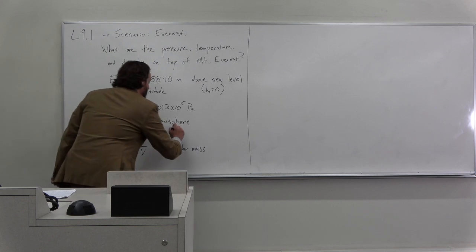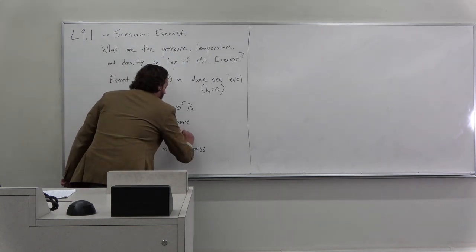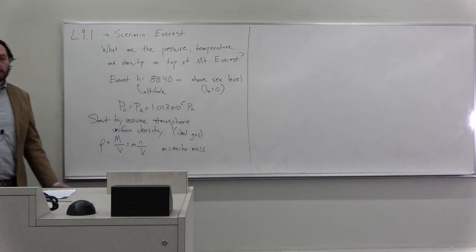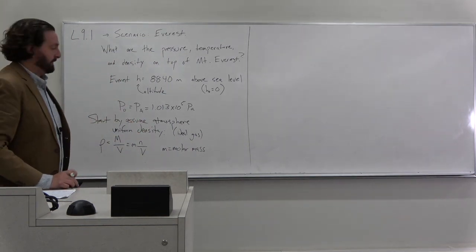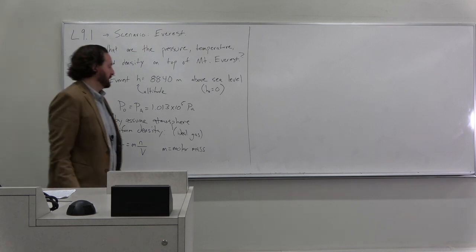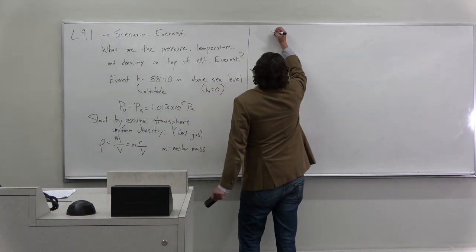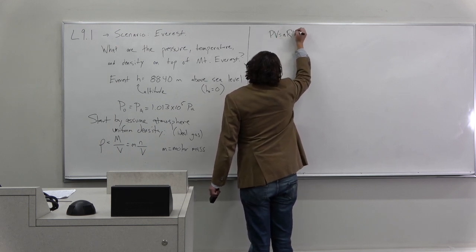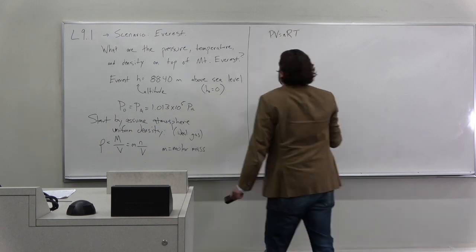Let's also assume that it's an ideal gas, which is actually quite accurate. Okay, so now we have an n over V. We're getting pretty good at thinking about ideal gases, so we should always write down our ideal gas law, PV equals nRT.